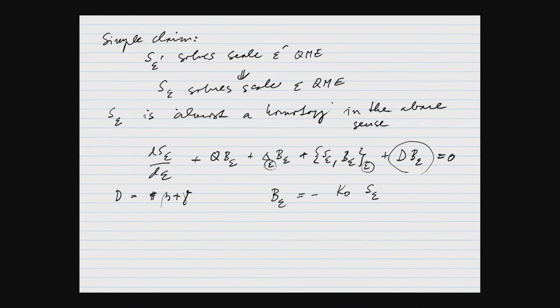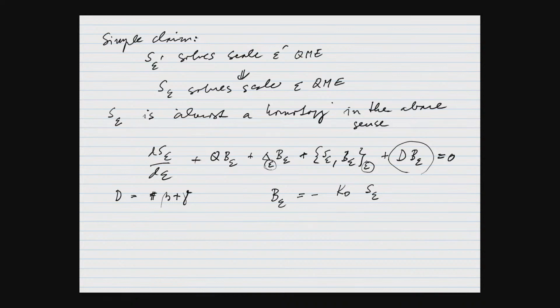And obviously, everything is designed so that you have this simple claim that if S epsilon prime solves scale epsilon prime quantum master equation, then it will solve the scale epsilon quantum master equation as well.